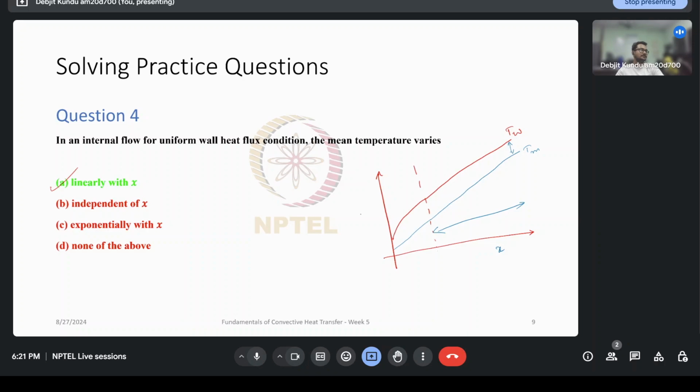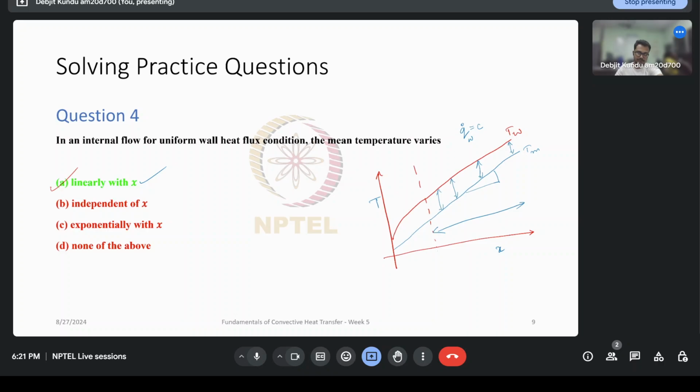This being x and this being temperature, it maintains a constant slope. And most importantly, the difference between the wall temperature and the mean temperature is always constant. That's what ensures that the heat flux is uniform. So that is why it varies linearly with x.